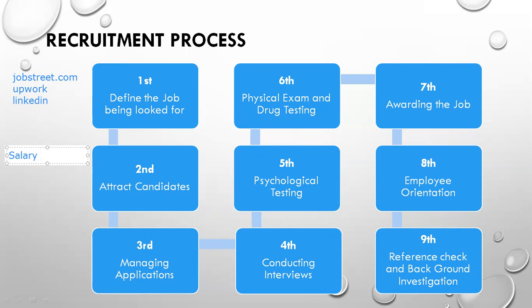Salary and benefits are the first thing employees look for. Then the next one is the culture. What is the culture of a company like? That's how we attract our candidates.